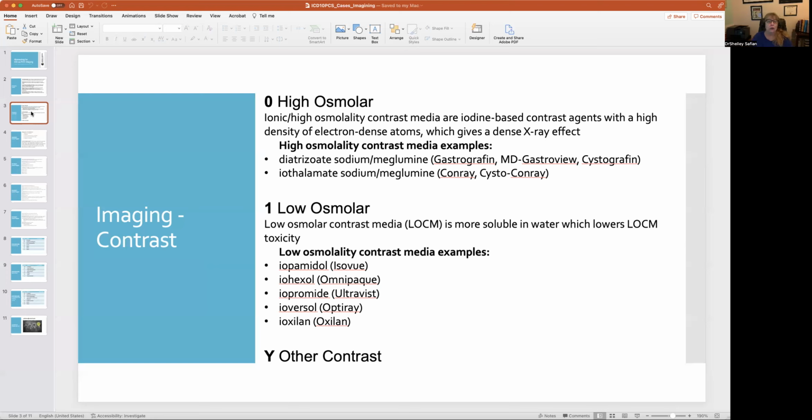Okay. So therefore, it is part of your responsibility to make sure you can differentiate high osmolar from low osmolar. And again, if you just put in other contrast, they're going to require a notation that states what that contrast is. This is like in diagnosis coding.